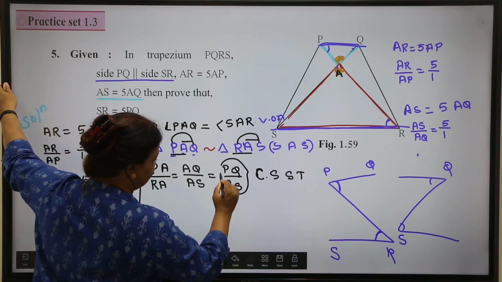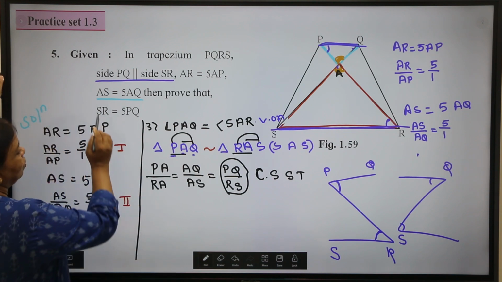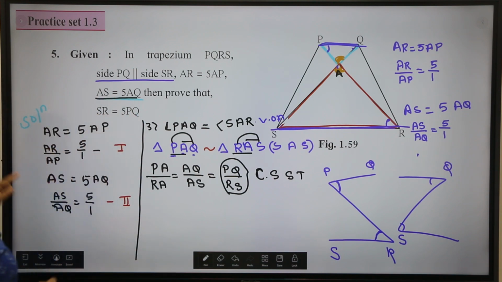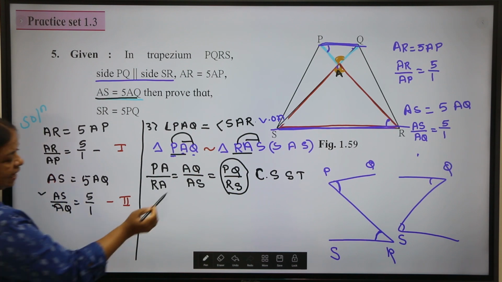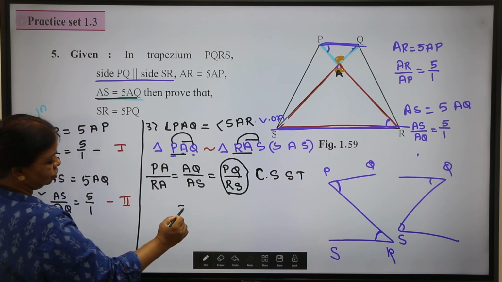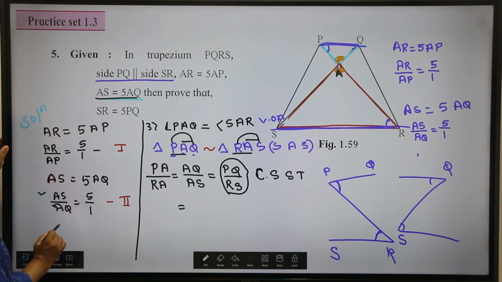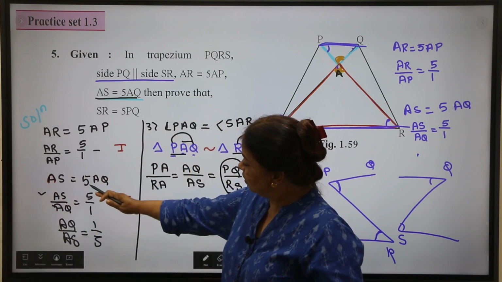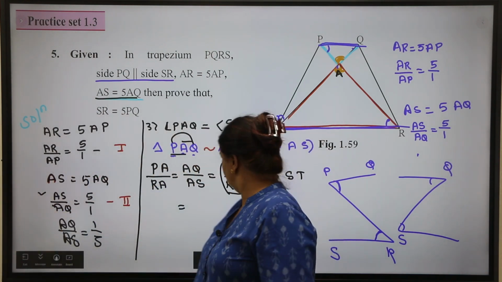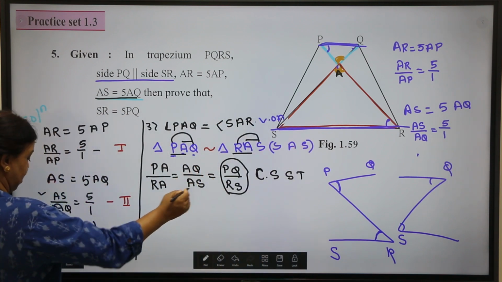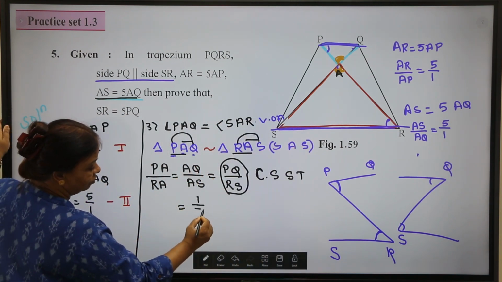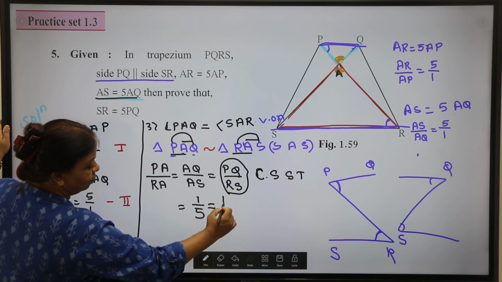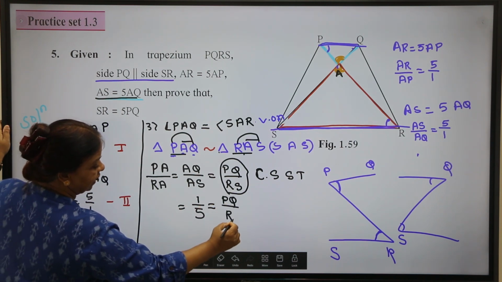We got SR here and PQ. We have got AS upon AQ as phi upon 1, and here we have AQ upon AS. So if AS upon AQ is phi upon 1, AQ upon AS will be equal to 1 upon phi. Invertendo. If we invert it, we will get 1 upon phi. So here I can write down AQ upon AS as 1 upon phi, which is equal to PQ upon RS.